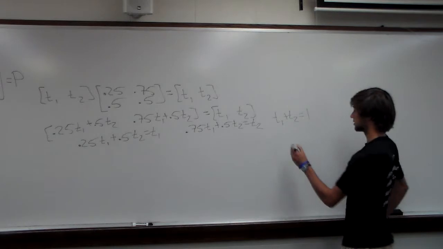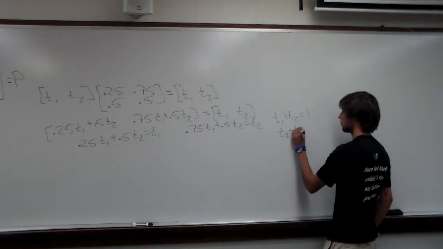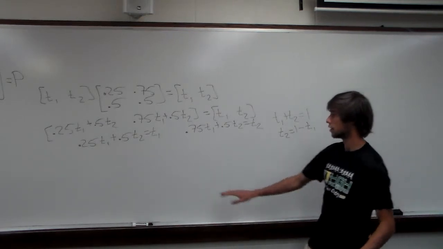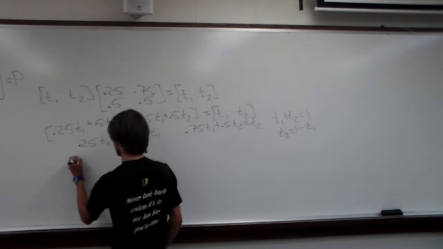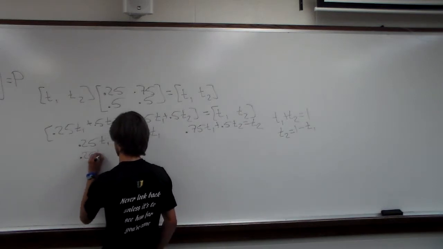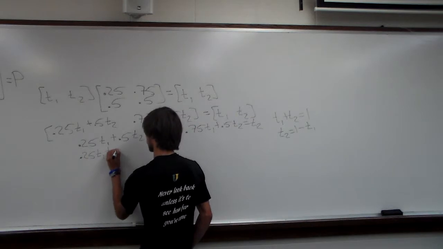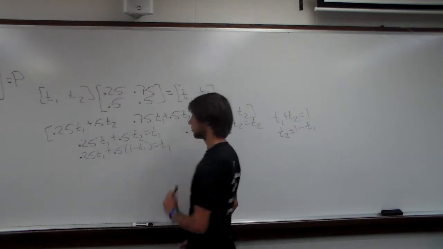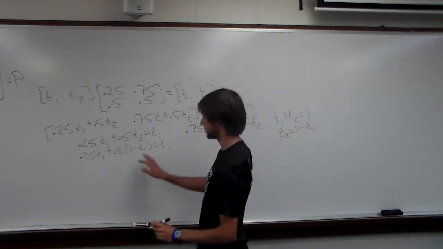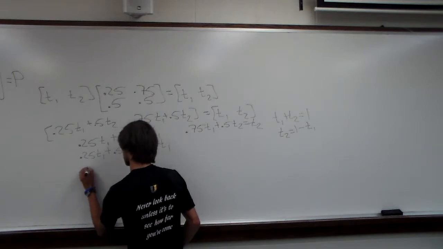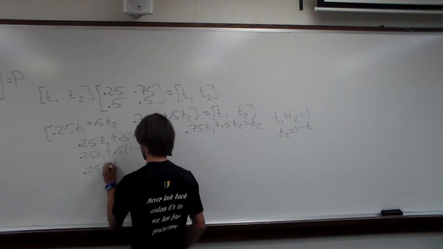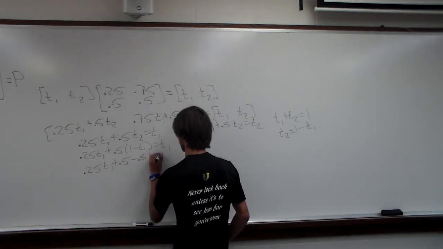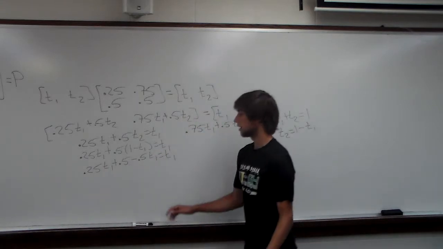I'm going to start by taking T2 equal to 1 minus T1. Now I'm going to substitute this in for T2 over here. That will give me 0.25 T1 plus 0.5 times 1 minus T1 equals T1. All we did is substitute in for T2, which gives us 0.25 T1 plus 0.5 minus 0.5 T1 equals T1.